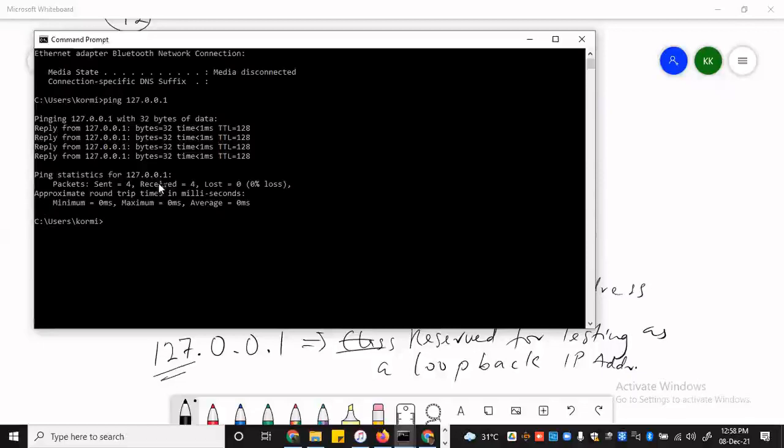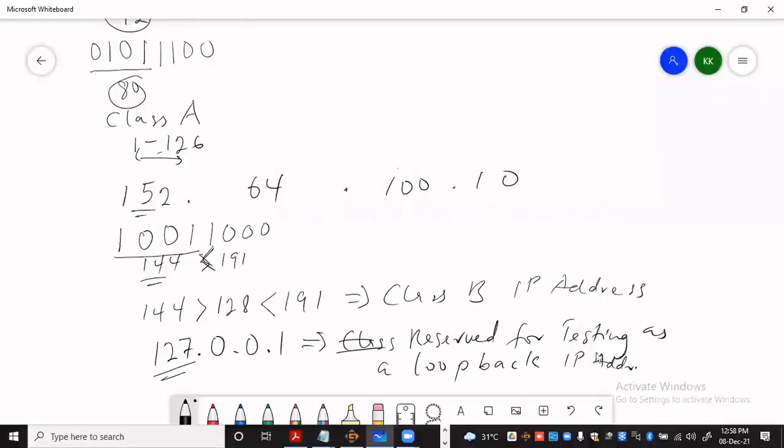So hence a loopback. You're just looping back to that particular interface to test to see if it's actually working perfectly. So hence reserved for testing only as a loopback IP address.